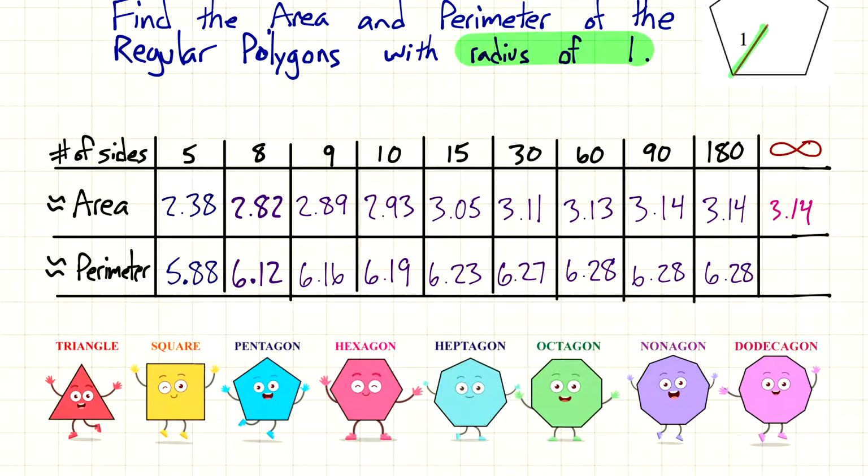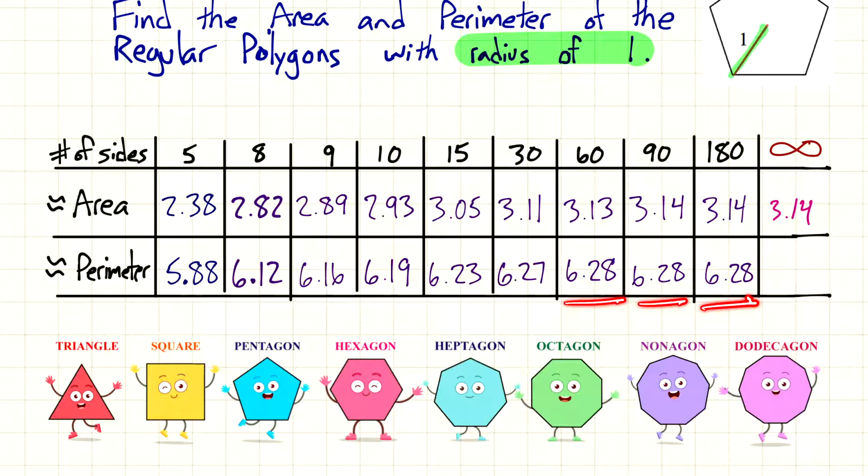Okay, so if we do the same thing with perimeter, we'll notice the same pattern. It is increasing with the number of sides, but it starts to slow down. Even around 30 sides, 30 to 60, those are almost identical. And then beyond that, 60, 90, 180, you'll notice the perimeter doesn't really change much.